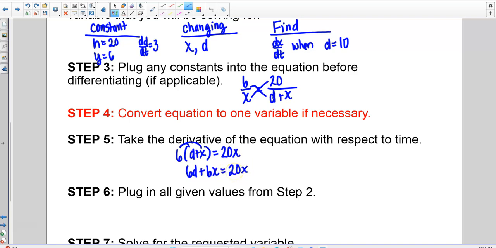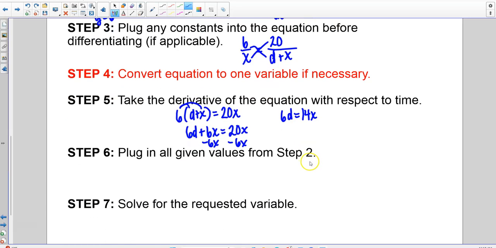Could I simplify this even a little more? I could subtract that 6x. And so 6d equals 14x. This just got easy to take the derivative of, right? So when you have a proportion problem like this, cross multiply it and simplify before you take the derivative. You could take the derivative earlier, but you got quotient rules on both sides and it's not going to be an easy derivative. Now we have a very simple derivative.